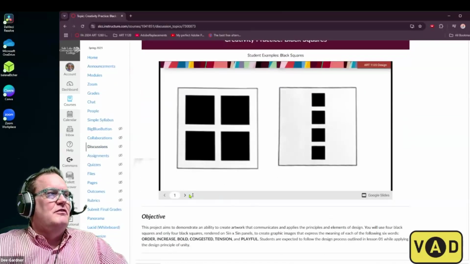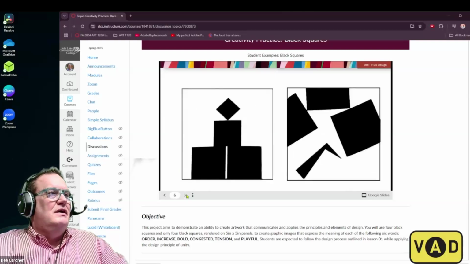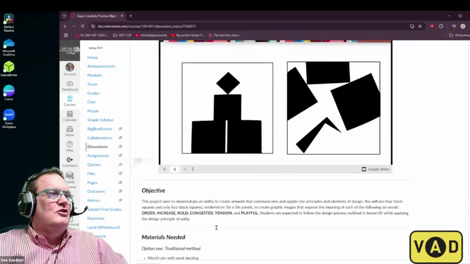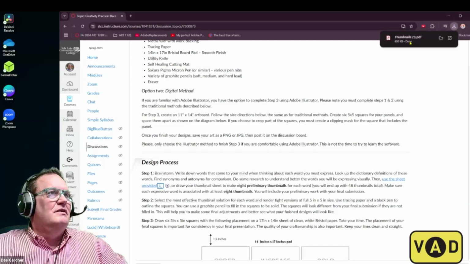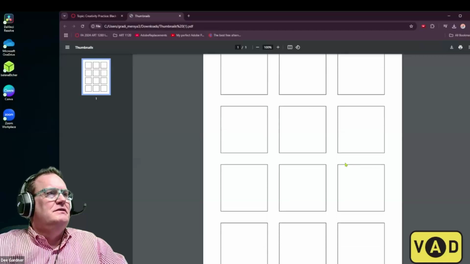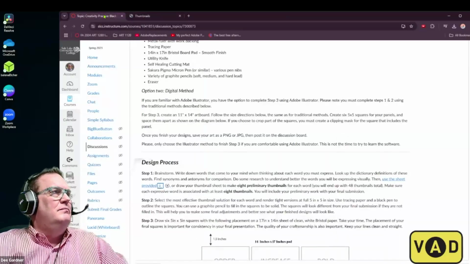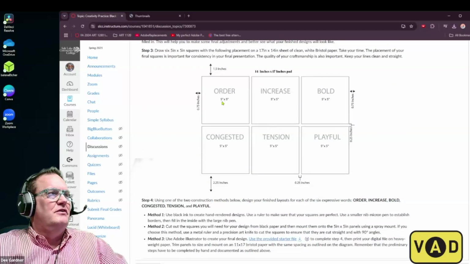In this assignment, you take four black squares and you have to keep the squares inside of the frame. I'll just show you the thumbnails. You're trying to explain in six squares: order, increase, bold, congestion, tension, and playfulness with just four black squares.